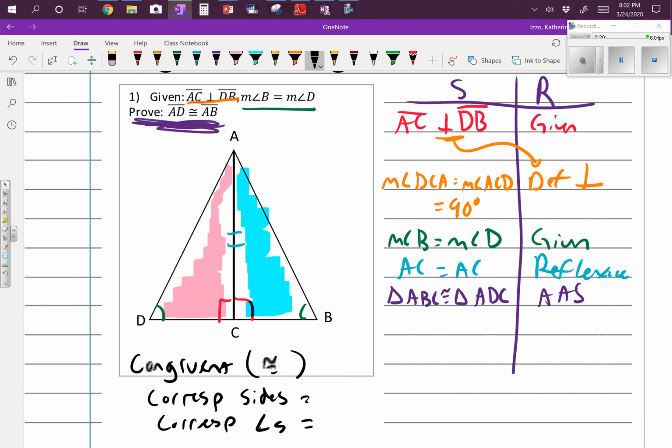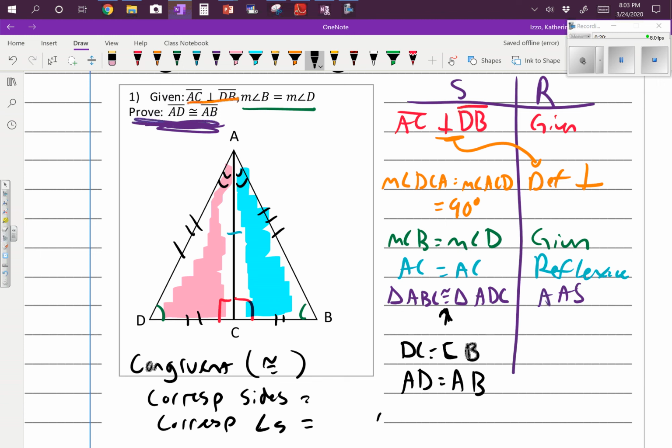So once I have proven that this is congruent, that means that DC is congruent to CB. DC is congruent to CB. It means AD is congruent to AB. And I can get this other angle up here.